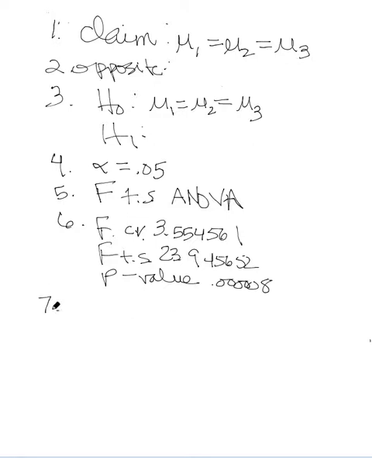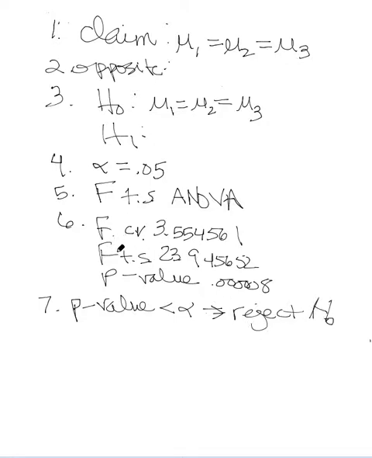Step 7, we compare the values in 4 and 6. So if we want to use the p-value test, we have that the p-value is less than alpha, which implies that we will reject the null hypothesis.